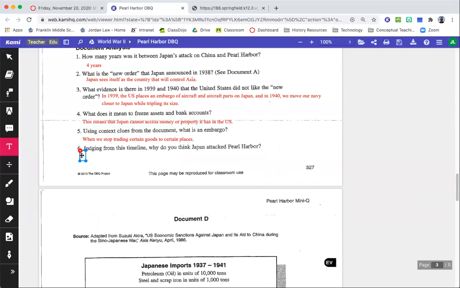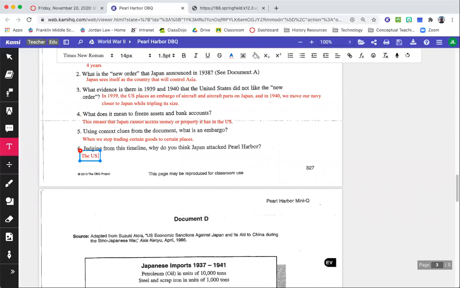Okay, so the U.S. took action against Japan's aggression, right? They embargoed certain materials, they moved their navy. Okay? So the U.S. took action against Japan's aggression, and Japan, they did not appreciate that.